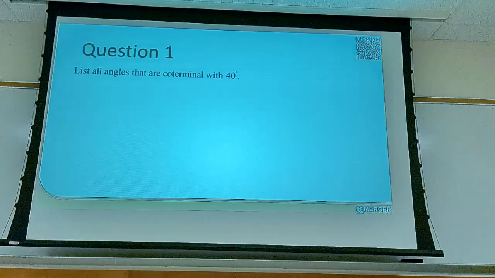So let's find all the angles coterminal with 40 degrees. Remember, coterminal angles have the same terminal side. Would it be like adding 180? Adding 180 to 40 degrees, which is in the first quadrant.